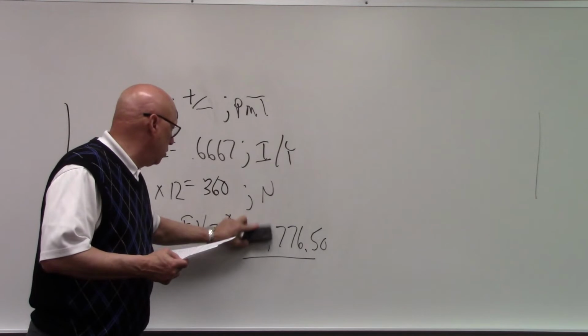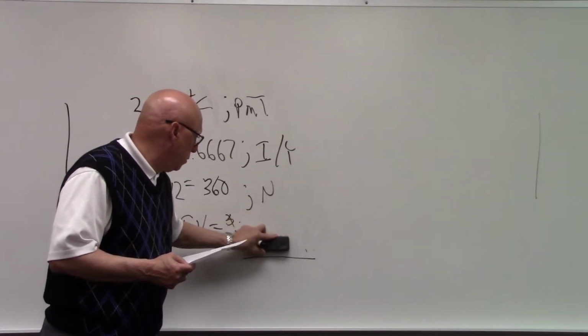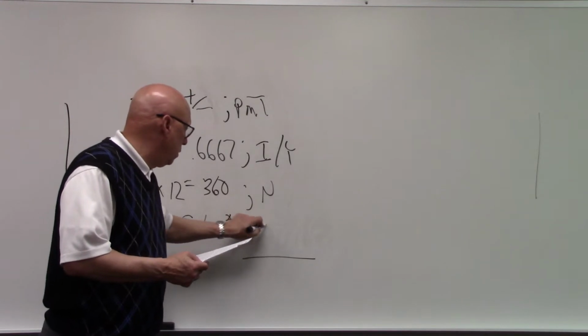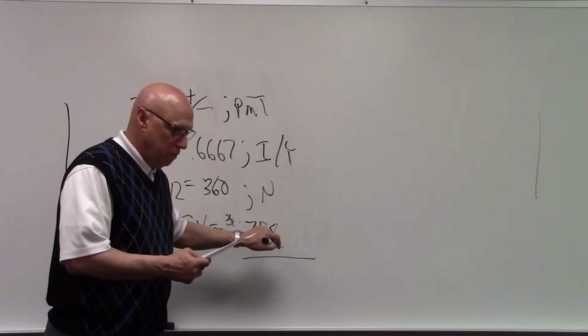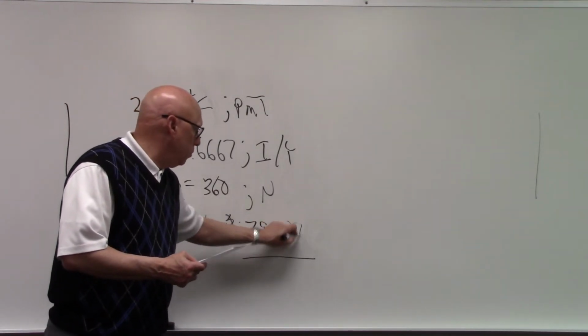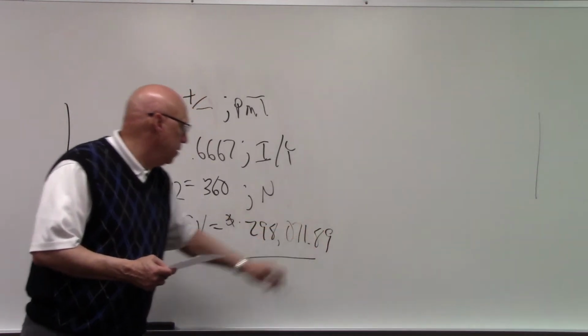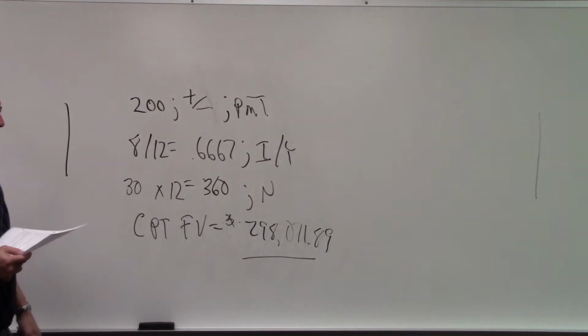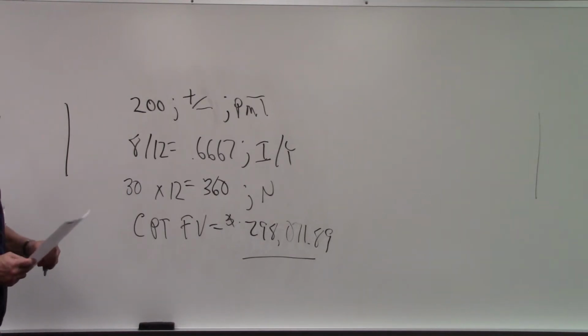And this is going to go down to $298,071.89. So all we did was we changed our N to 360. That's all we did. And we came up with $298,071.